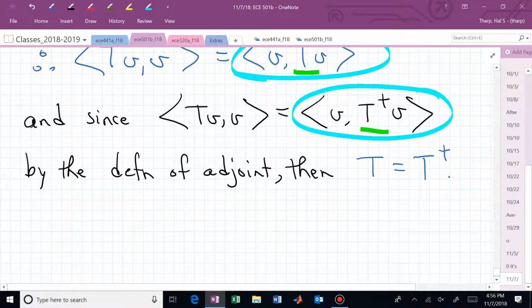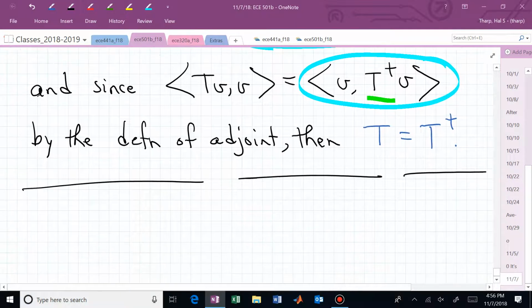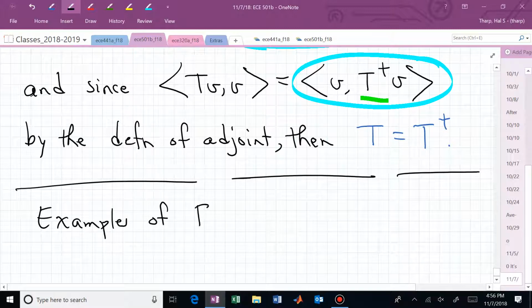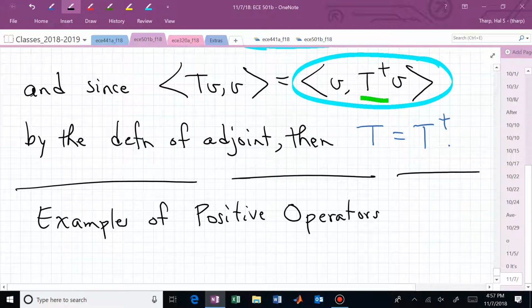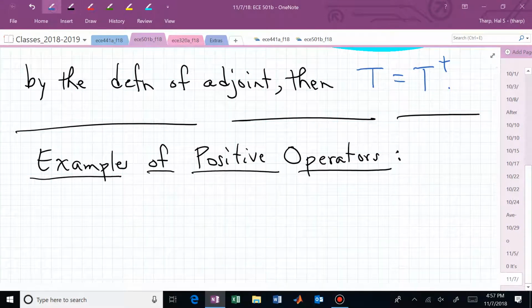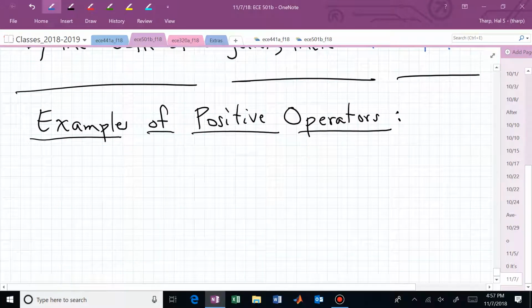So now let's look at some examples of positive operators. And luckily we don't have to go back too far.